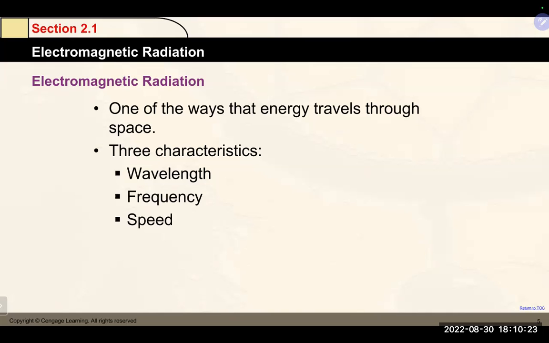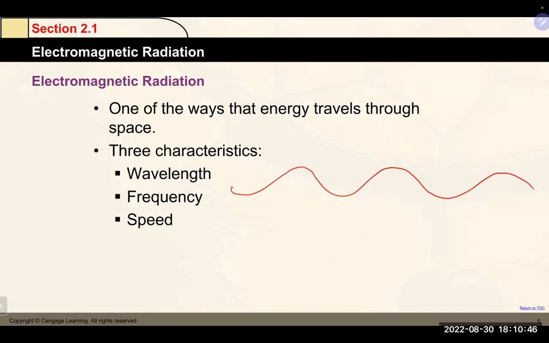One of the ways that energy travels through space is in the form of a wave. As this wave makes its way through space, it carries a specific wavelength. It also carries a certain amount of energy. There are a few characteristics of waves.